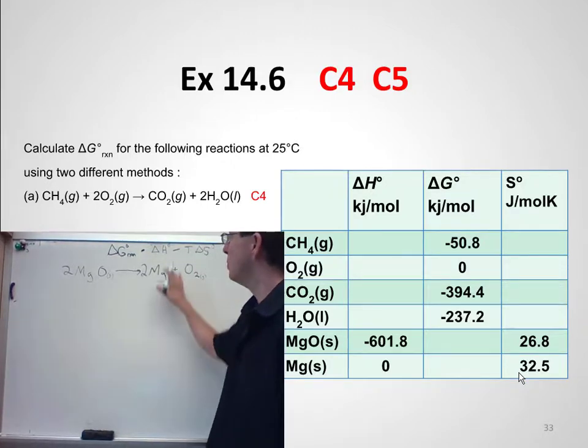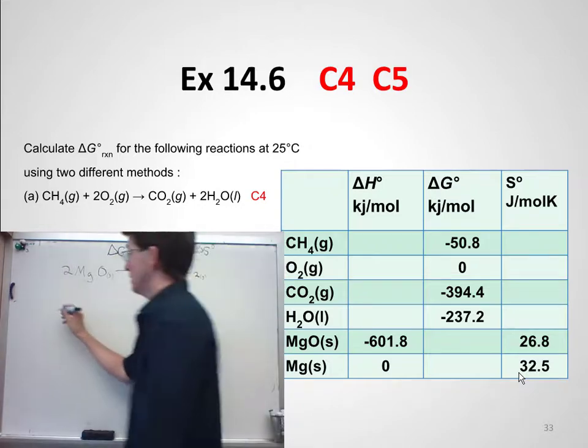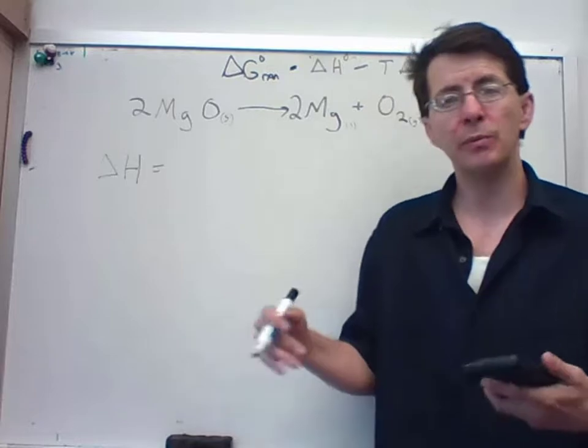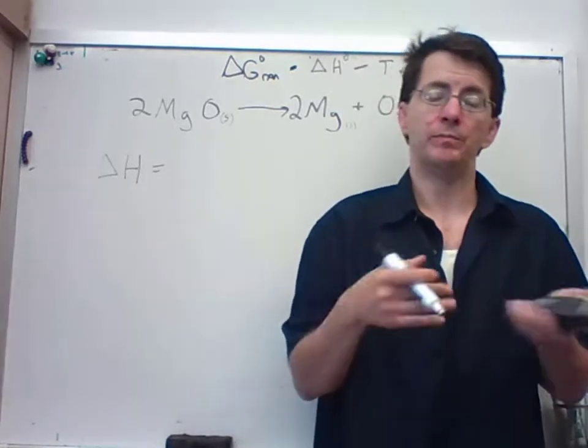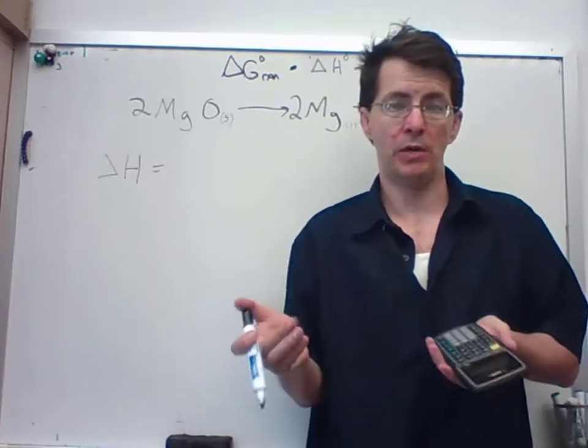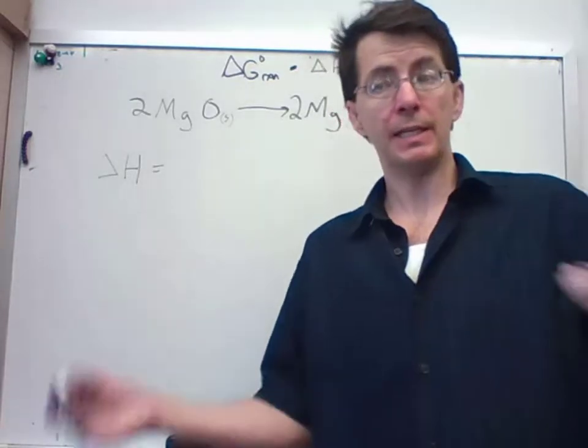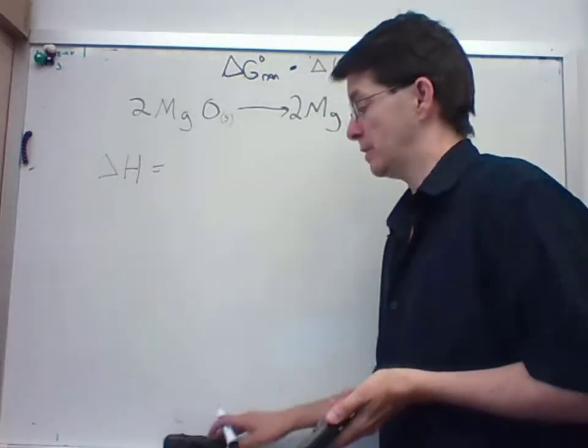So what does that look like? Well, we have to find out the delta H of the reaction. So using the information in our table, we can figure out the necessary values for the entropy and the enthalpy using the techniques that we developed over the past couple of days.